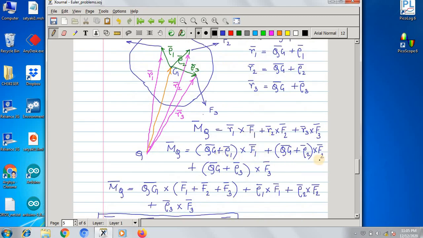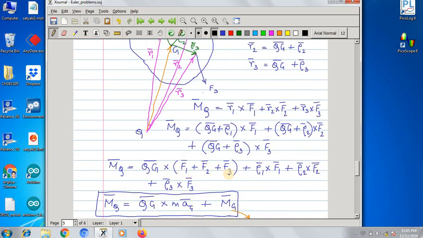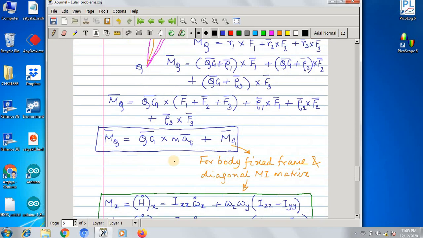So MQ is QG cross the summation of forces plus MG. This summation of forces is the total mass into the acceleration of the center of mass. So this is the thing.